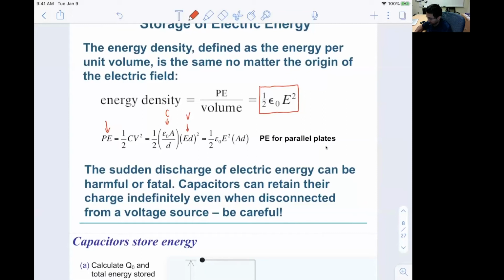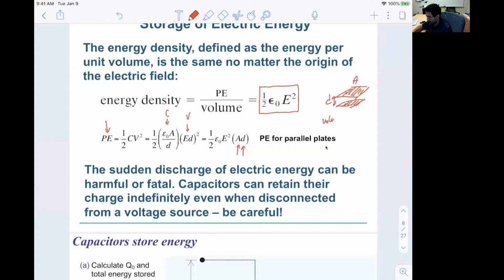Now you see you have E squared and d squared. Now you have only one d multiplication, and the area comes from the capacitance. You have epsilon naught and E squared. Now A times d is actually the volume of the parallel plate: the area and the distance.